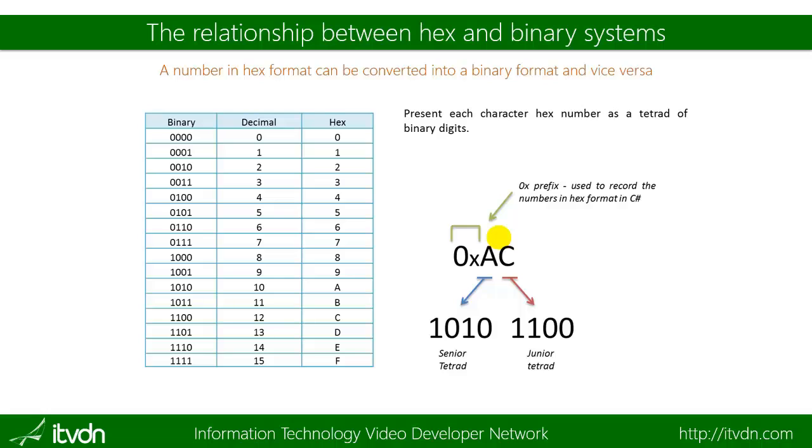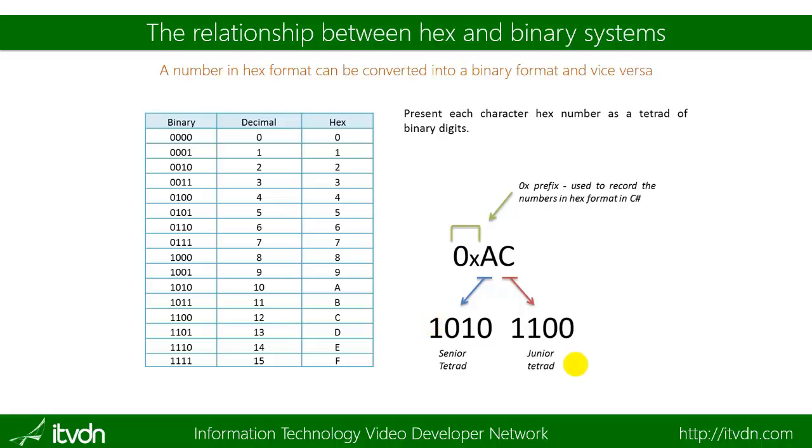These 8 bits are divided into 2. Counting from left to right, the first 4 bits, 0, 1, 2, 3, can be referred to as the junior tetrad. And the last 4 bits can be referred to as the senior tetrad, or 4, 5, 6, 7, if you are thinking about their position in the sequence.